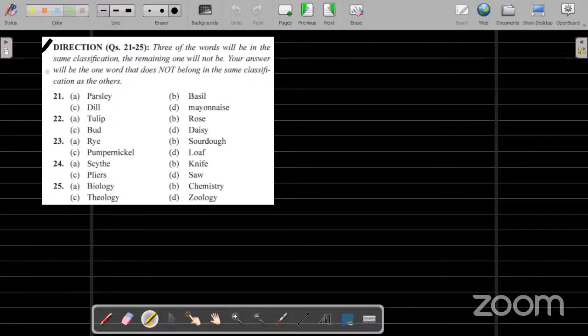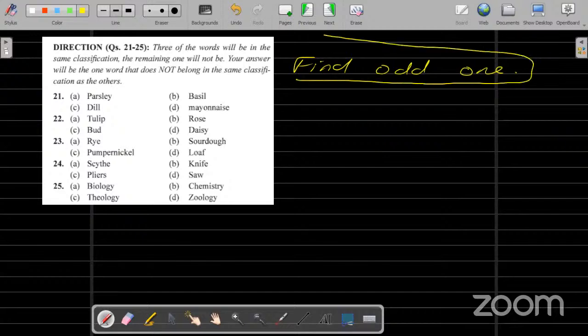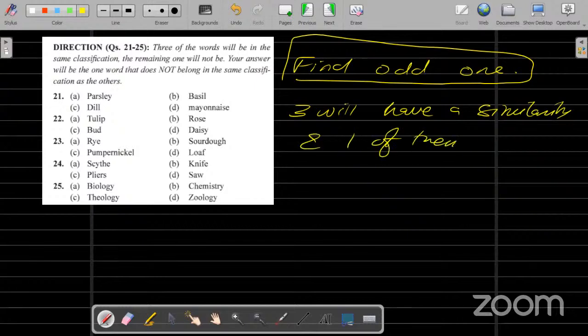That means the question is to find the odd one, the one that is different from the others. If one of them is the odd one, the other 3 will have a similarity, and one of them won't have that similarity.